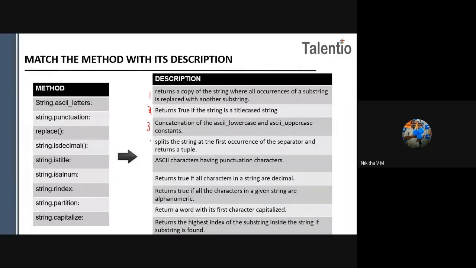It's like a small quiz. So till where did you understand or something is missing, we can understand better. Now match this.